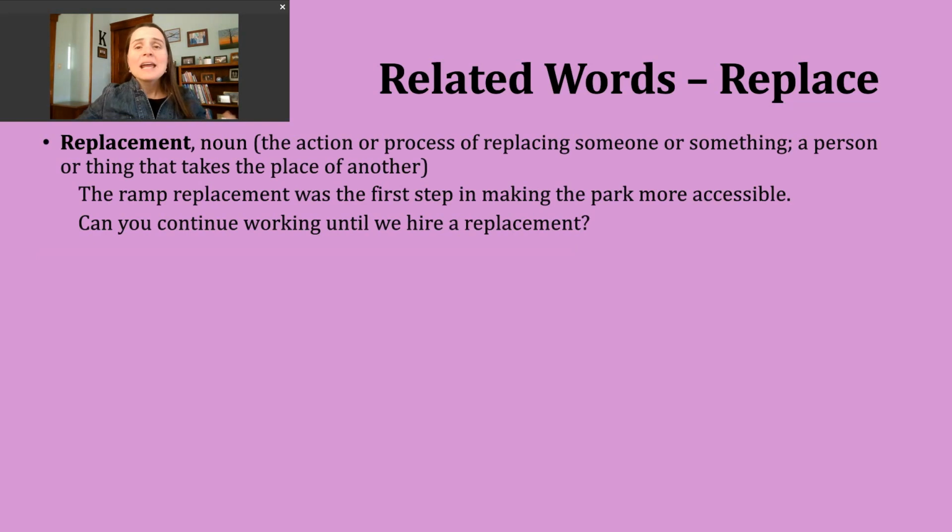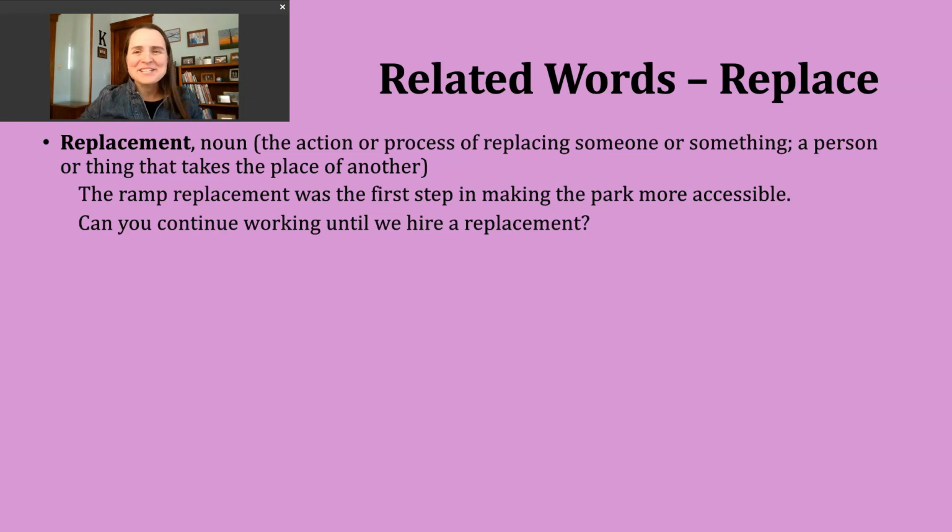Okay? So here maybe we can imagine there was some type of device, a ramp, right, that might allow someone who's using some type of support to walk or maybe even a wheelchair that made it difficult to access. Maybe it was broken, not working well. Here, we're describing that action or the process of replacing the ramp. So there must be something new here.